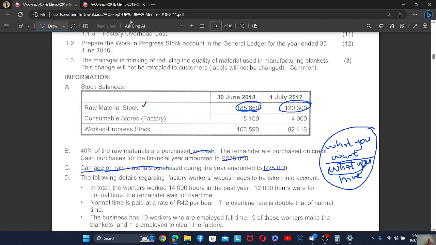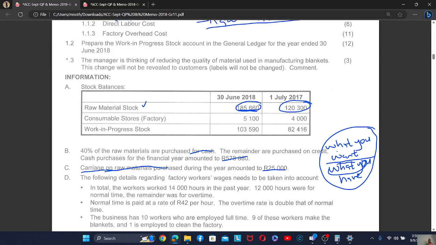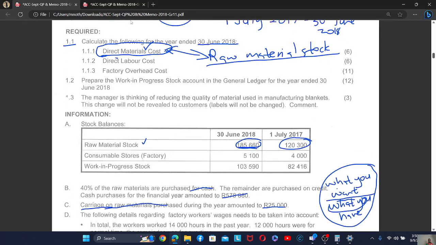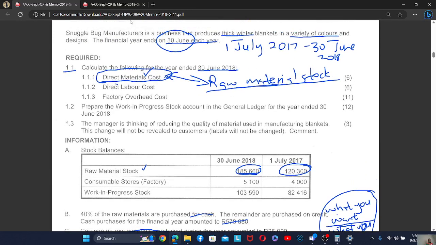Okay. Remember when we were explaining the raw material stock and the direct material cost, right? I said that the raw material stock is raw material that is in a storeroom. It is not being used. And once the storeroom wants some of the raw material, that raw material will be sent to the factory.